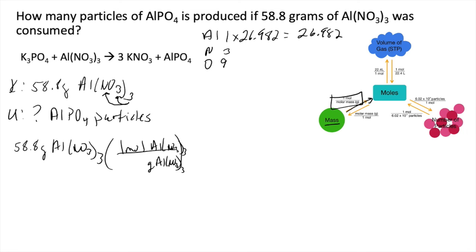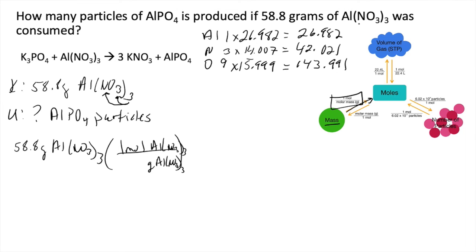Now, nitrogen has a mass based on our periodic table of 14.007, which gives a total mass for nitrogen of 42.021 grams. And oxygen has a mass of 15.999 on the periodic table, which gives a total mass of 143.991.